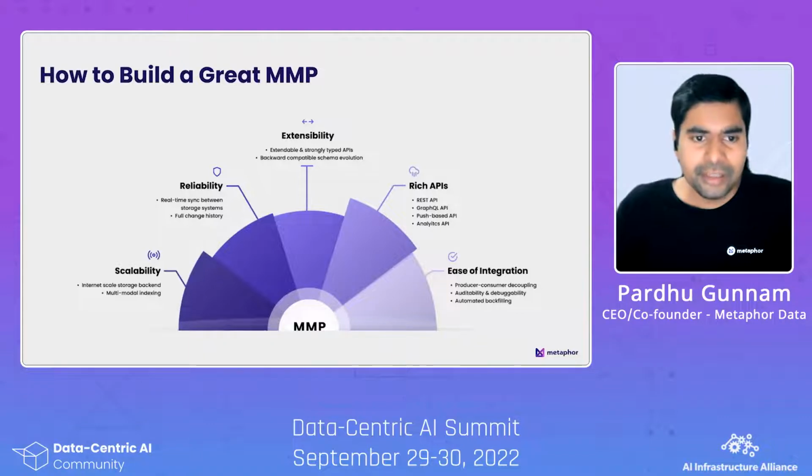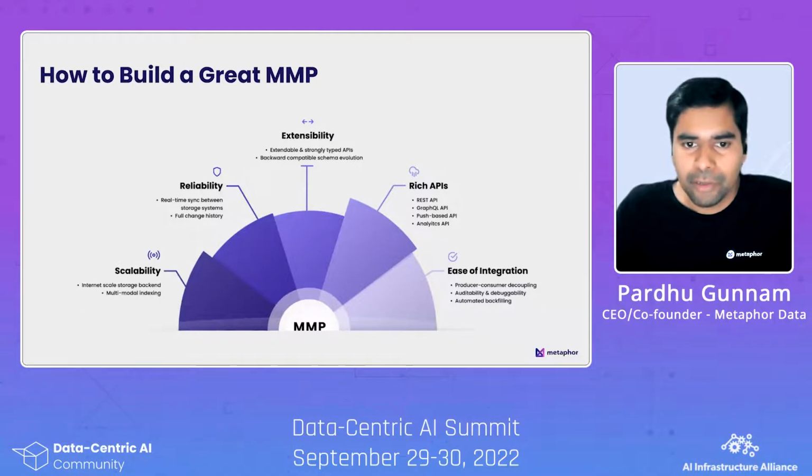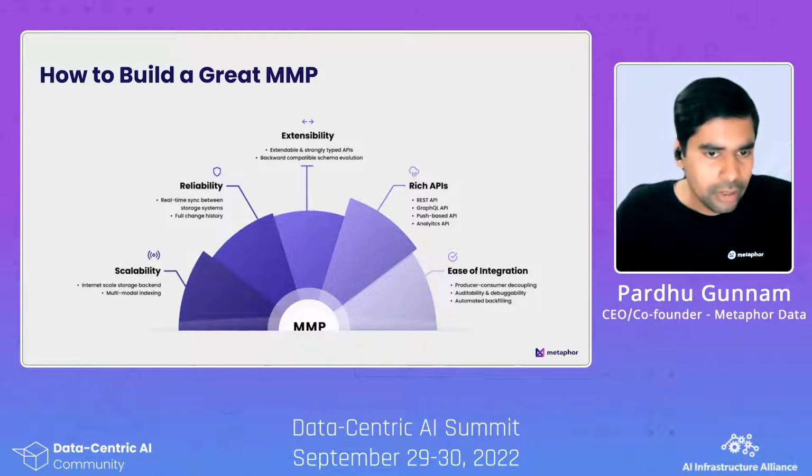There are 5 characteristics I would talk about, which, of course, you must have heard in building any great data infrastructure system or platform. But how do these things translate for an MMP? It has to be highly scalable, dealing with multiple model changes and huge amounts of data.